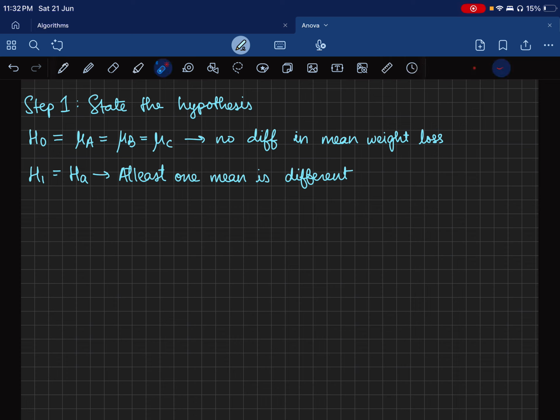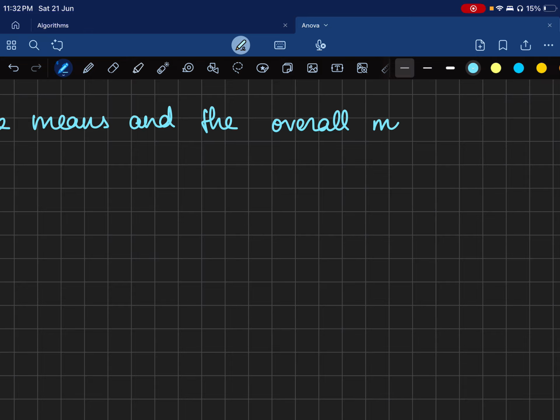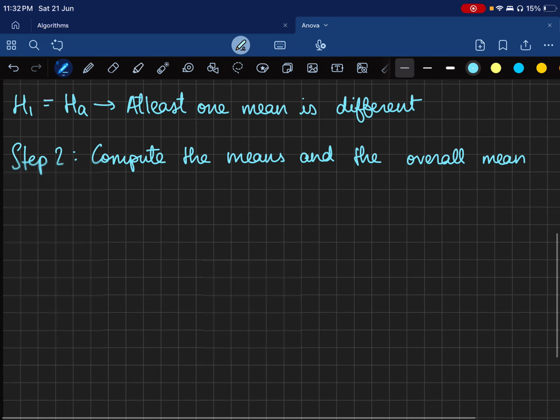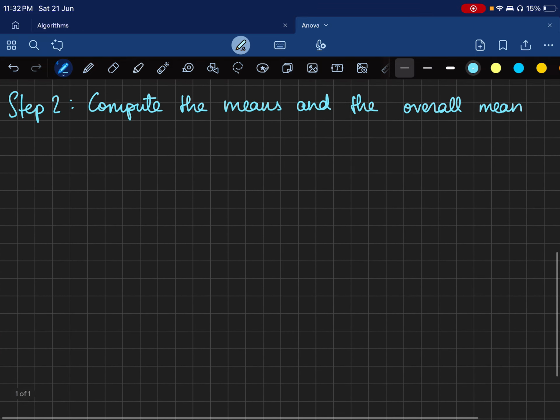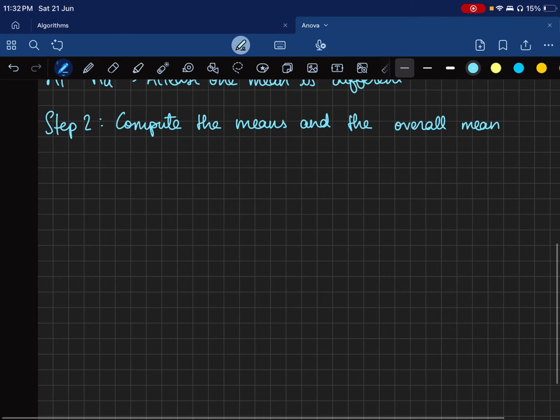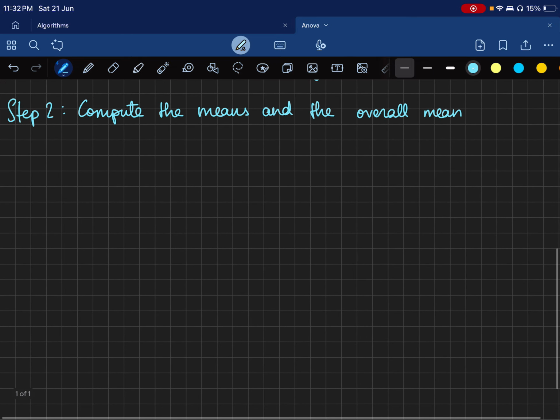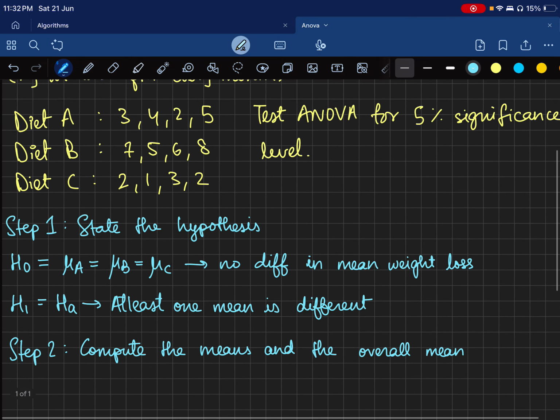The second step is to compute the means and the overall mean. Let's take the data row by row. What three rows do we have?